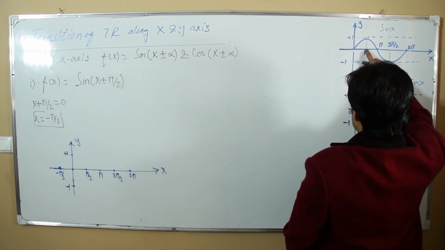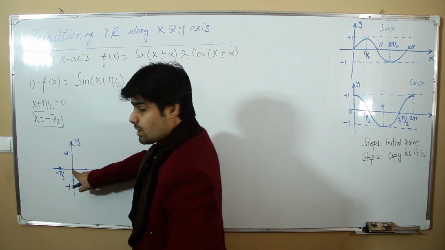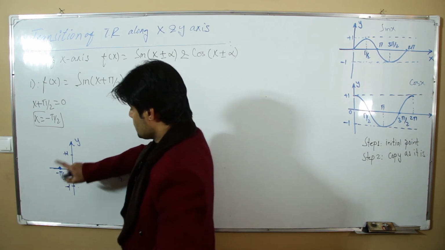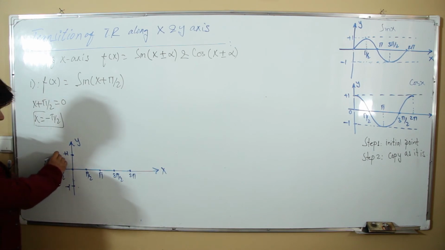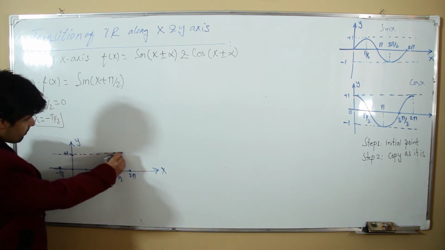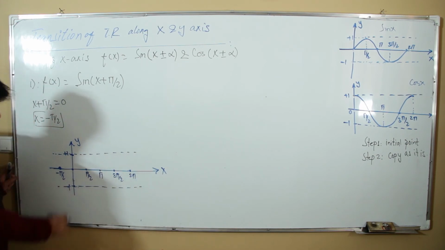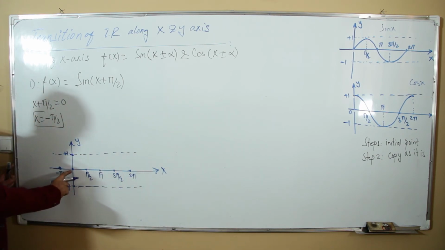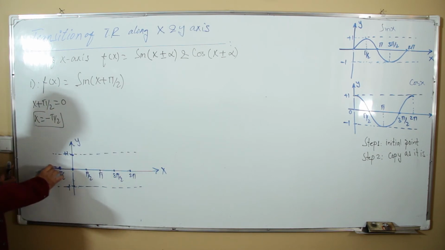So the next point is maximum, which is pi by 2. In here the next point is 0. This one is our maximum. Our graph should be drawn between positive 1 and negative 1. Am I right or not? Yes. Our first was at sine 0, but in this one it is minus pi by 2.